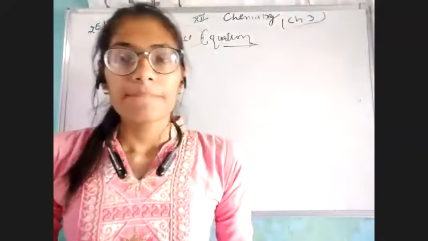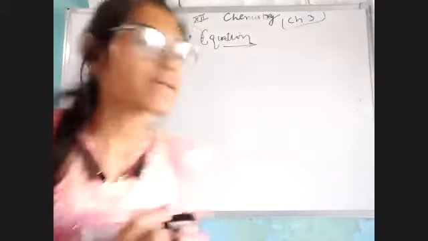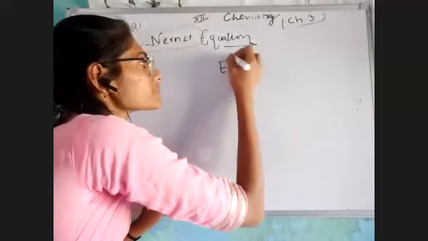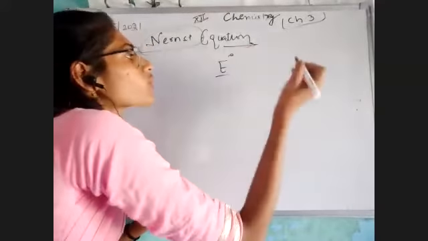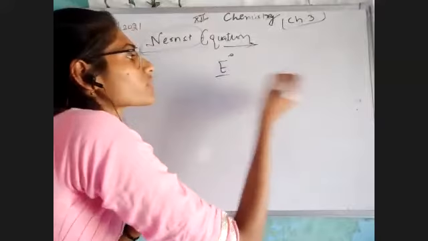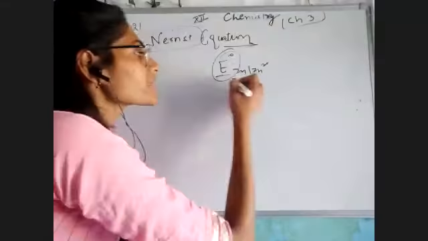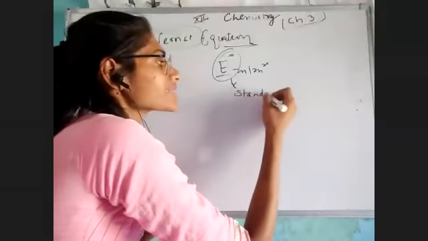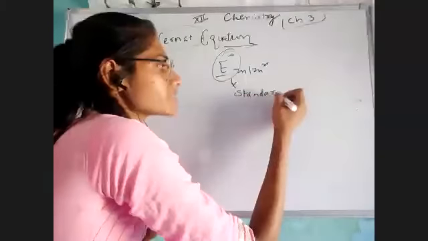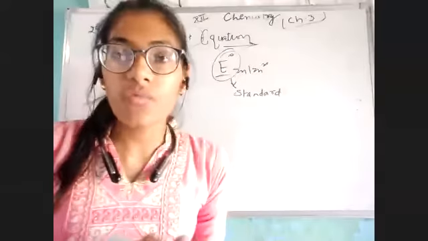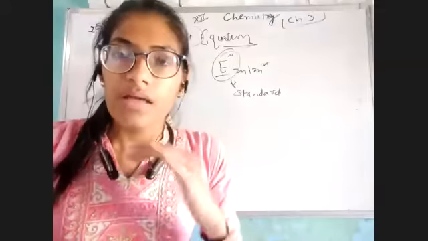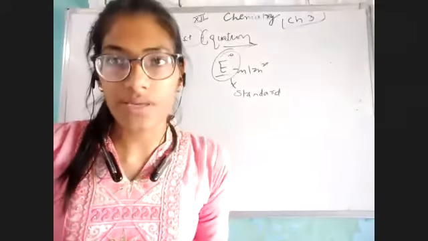All right, but you see, what we have done till now, we have seen that there is something known as E naught zinc 2 positive. So this E naught means something which is standard. It is standardized. Standard means it is following all the standard terms and conditions of a reaction.